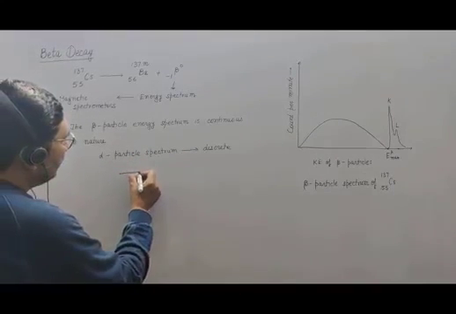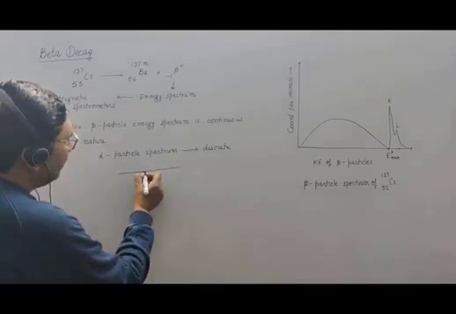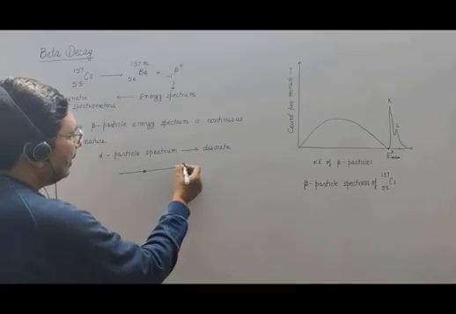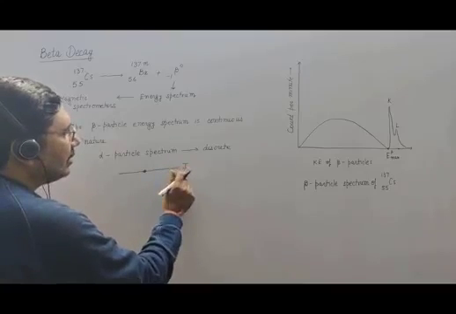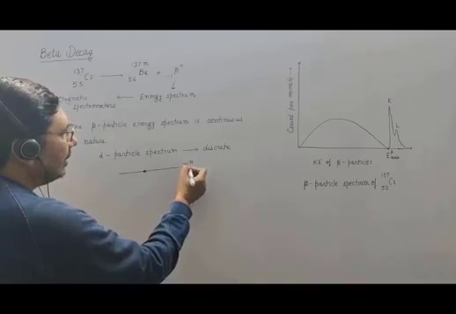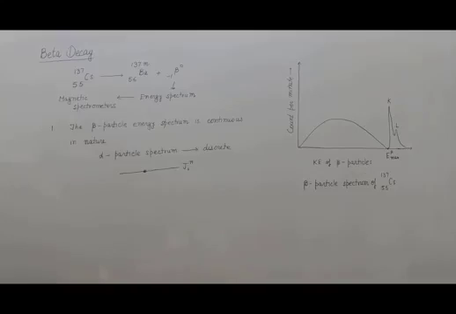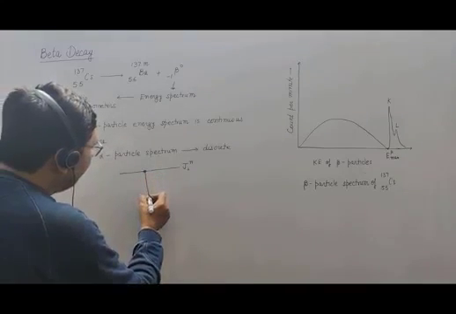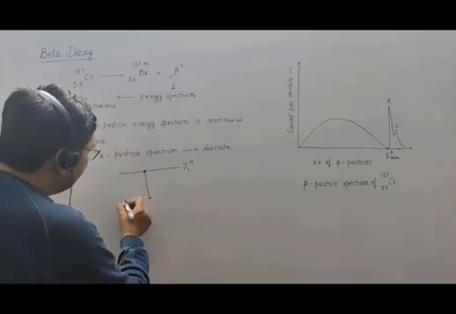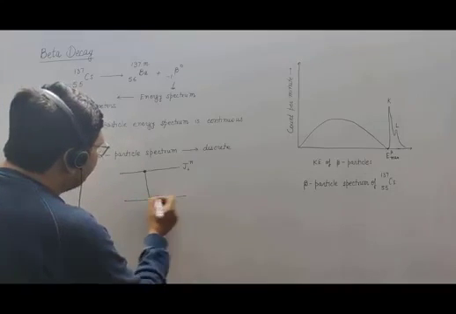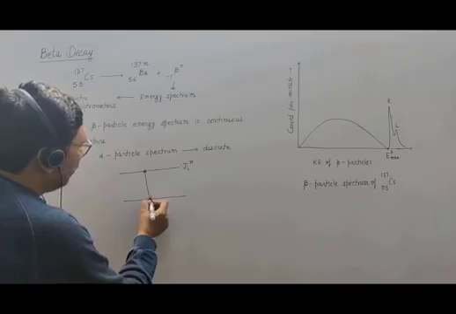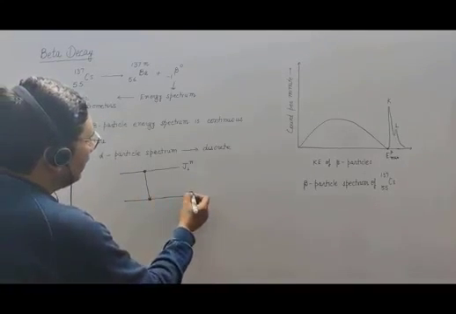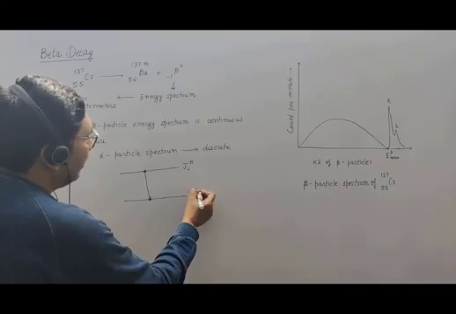How did we explain this discrete nature? We explained that the parent nuclei has definite spin and parity, and by emitting the particle, it changes into a nuclei which also has definite parity as well as spin.